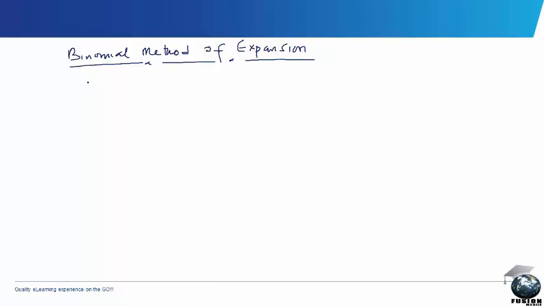This method states that if you have two values you want to expand, like a and b, raised to the power of anything, you can simply do this expansion by saying a raised to the power n, while b is raised to the power 0, and then plus n combination 1. I believe you must have done something on the combinatorial theorem.